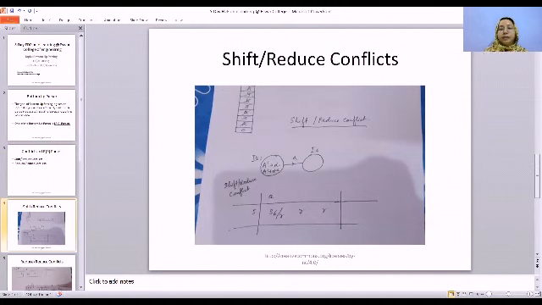Here state number 5 has both a shift as well as a reduce move. This A' derives alpha dot is showing that this is a reduce move, whereas the production A' derives alpha dot A shows that on the symbol A it can go to state number 6.